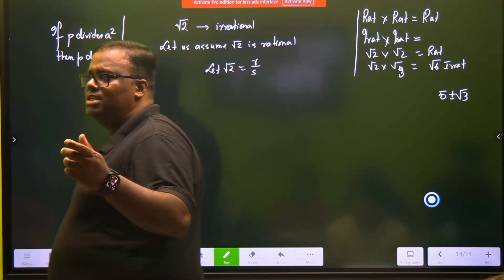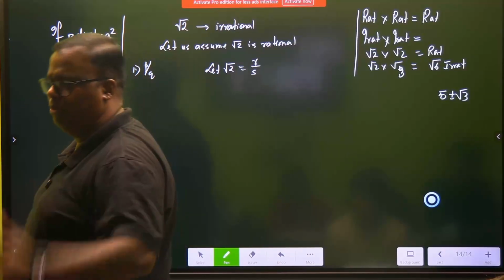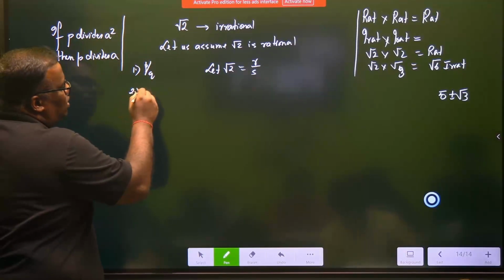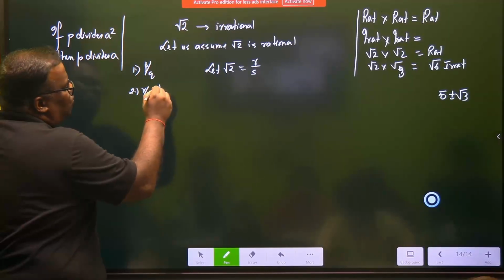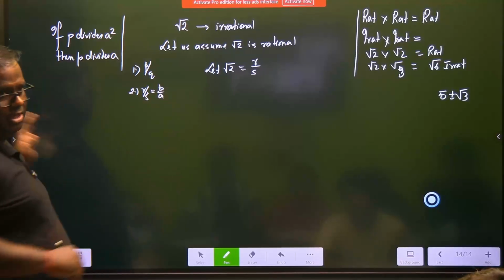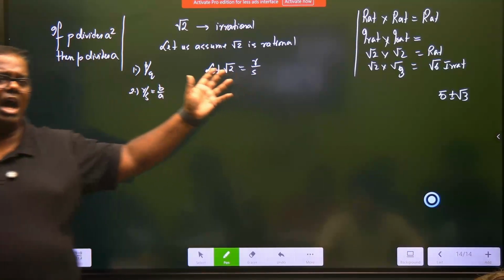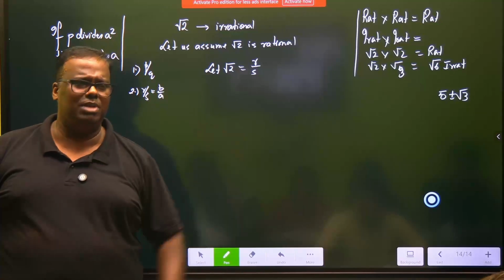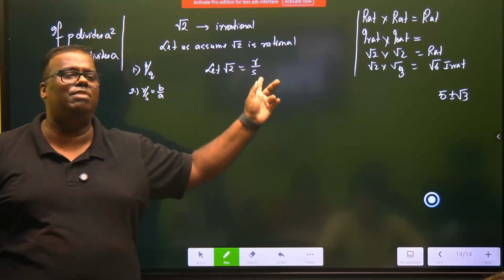Now R by S may not be in the smallest form, right? So our next step will be to think of R by S in the smallest form, something like A by B, whatever it is. So we say that R by S has some common factor. Let that common factor be H. This is something like 25 by 5 format.